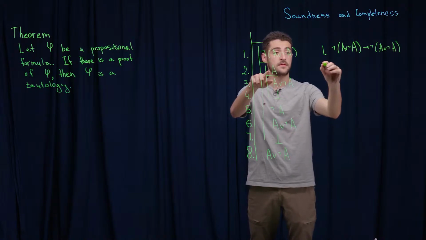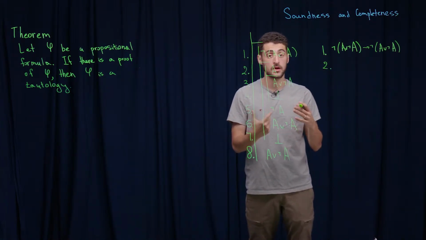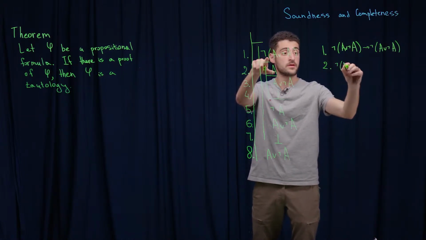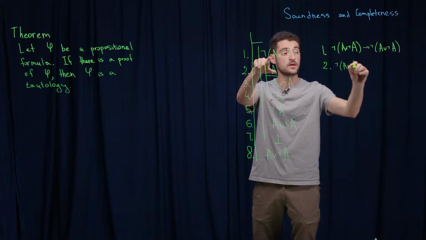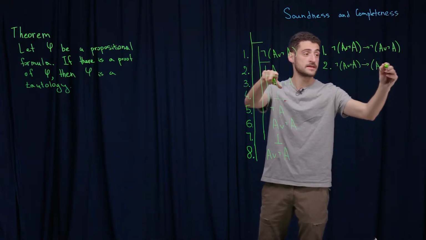The next step is creating a new assumption. So we say that under the assumption not (A or not A), assumption A implies itself.